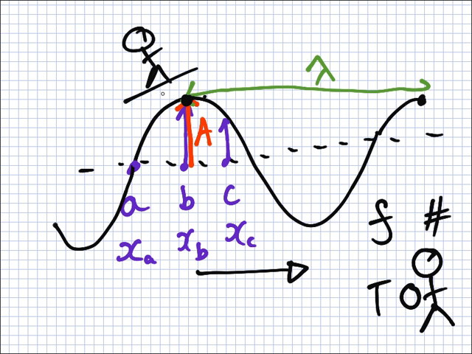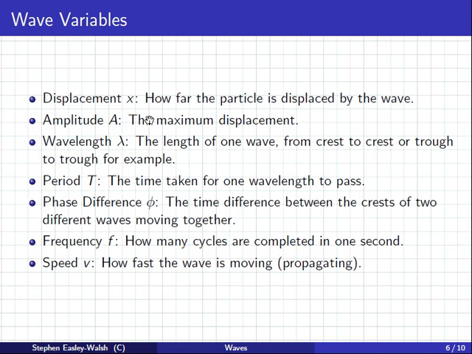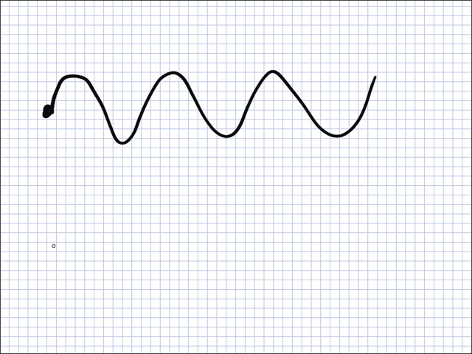There's my surfer on the surfboard. Okay? But the last one, the phase difference. Let me draw that. Usually what happens with the phase difference is you have two waves and they start at the same place.